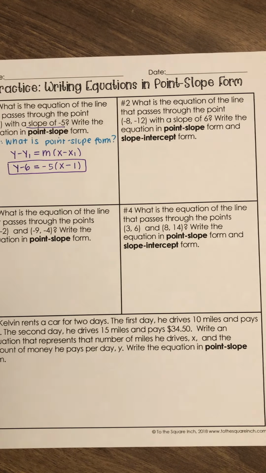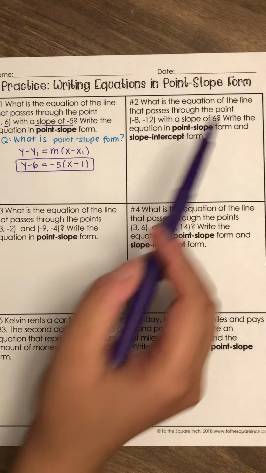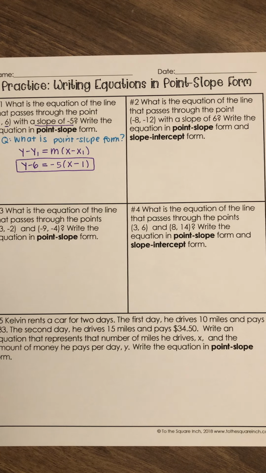But in our second example, what is the equation of the line that passes through the point -8, -12 with a slope of 6? Write the equation in point slope form and slope intercept form. Again, it's very straightforward because we're given a point and a slope, so all we're doing is substituting.